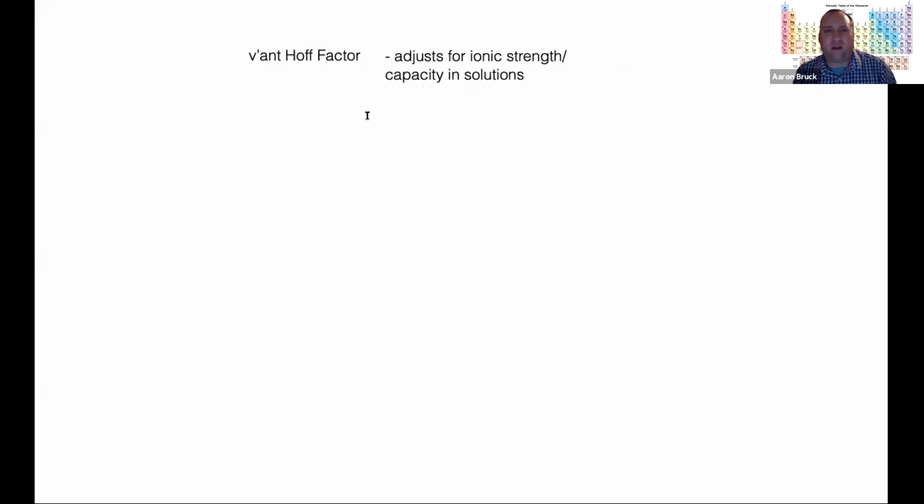The Van't Hoff factor is something that comes into play when we have a solution that is an ionic compound dissolved in usually water. What we use the Van't Hoff factor for is the molality in our equation.